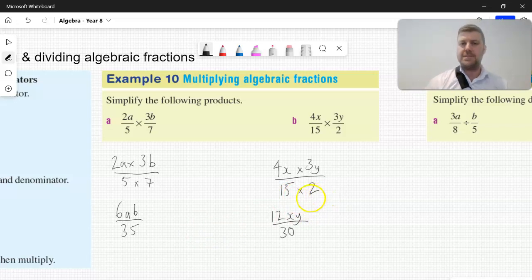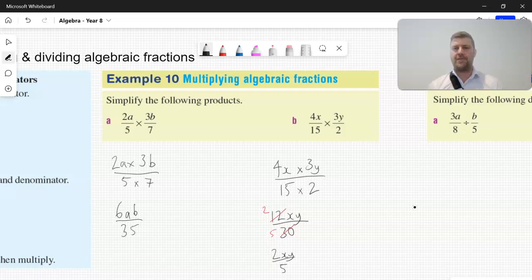And at this point, I can simplify because 12 and 30 are both divisible by 6. 12 divided by 6 is 2. 30 divided by 6 is 5. So my final answer is 2xy over 5.